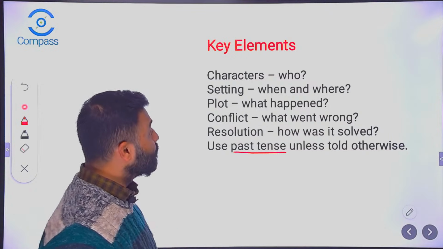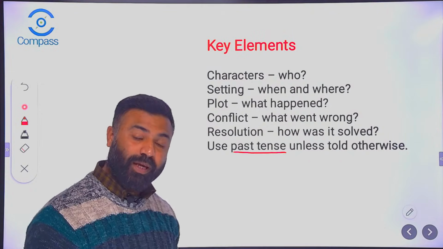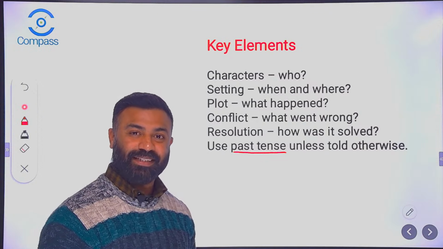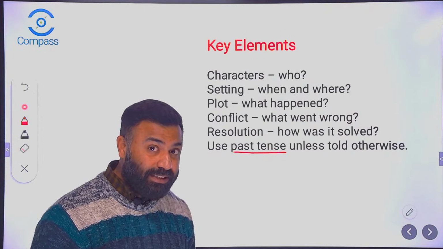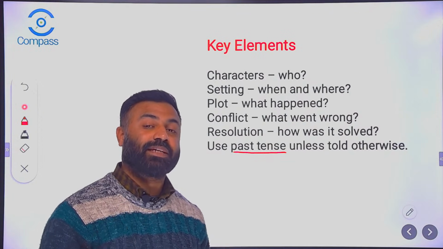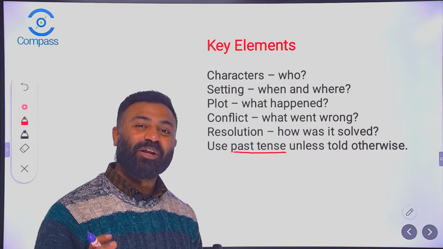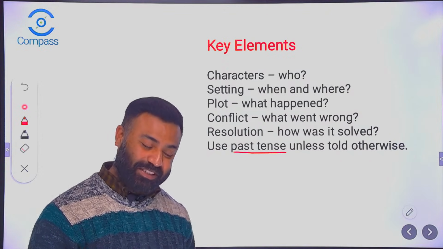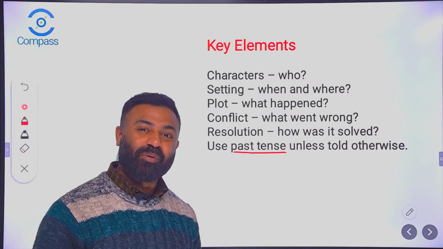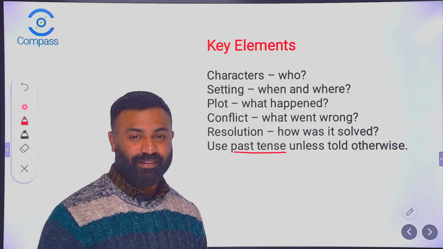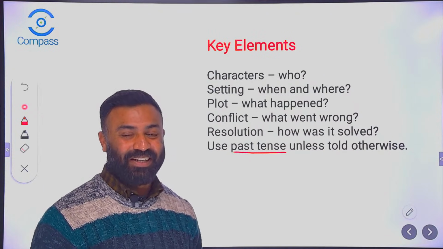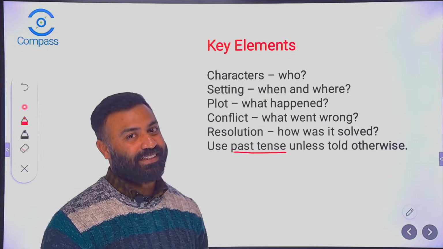Plot: what all happened on the way. You can make it interesting, but not unrealistic. Don't say you were traveling from Delhi to Mumbai and then you met an alien on the way. That is unrealistic. It has to be something realistic.